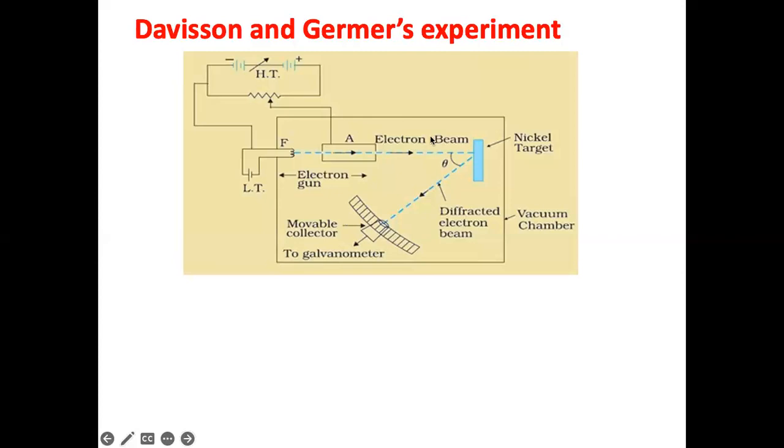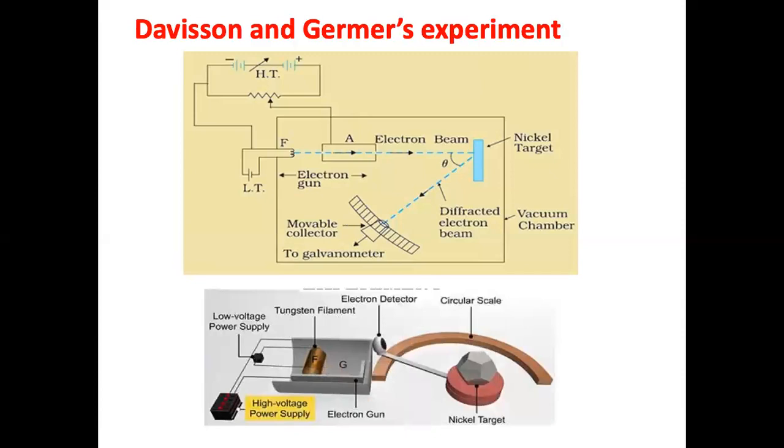This total arrangement is placed in a high vacuum chamber. This is the experimental setup of the Davisson-Germer experiment. This is the 3D diagram of the experiment.